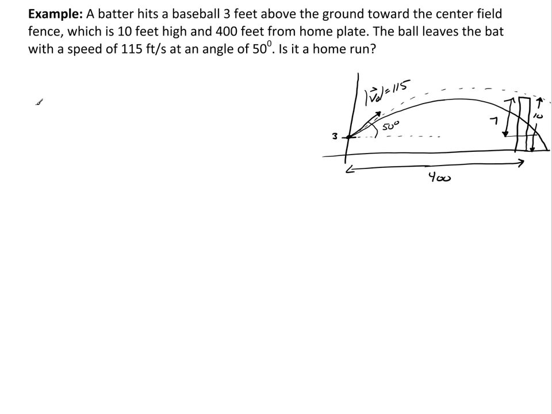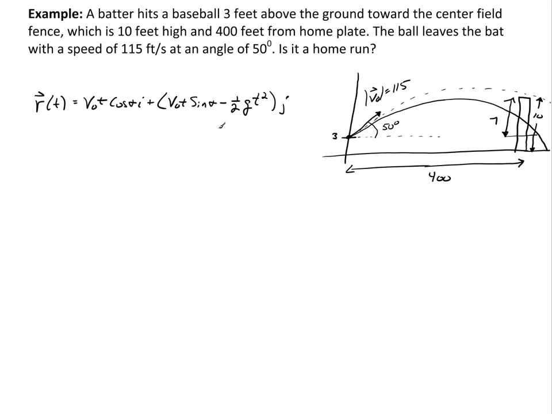Based on what we did earlier, I know that the position function, r of t, is going to be v naught t, where v naught is the magnitude of the initial velocity vector, cosine alpha i plus v naught t sine of alpha minus g over 2, I'm going to write as 1/2 g t squared j.